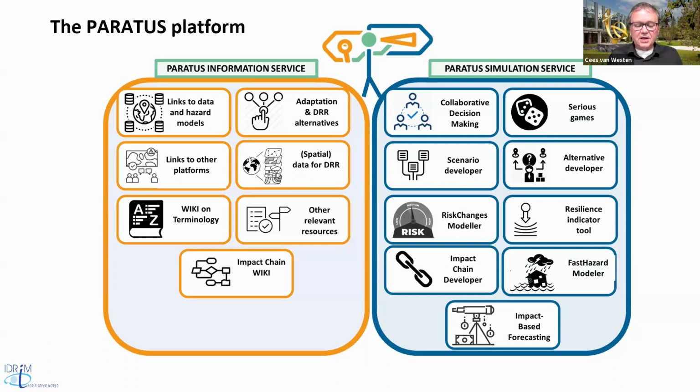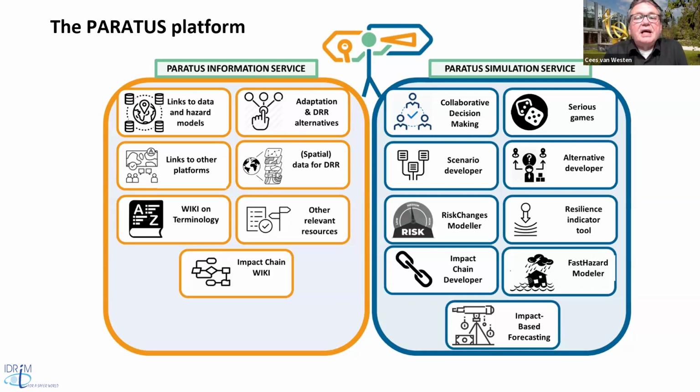Our stakeholders are not directly the general public, as was in the example of the geo risks. We are targeting decision makers on risk reduction. So those could be first and second responders, planners, and so on, where they get the information to make those decisions. So we bring that together in an information service component.